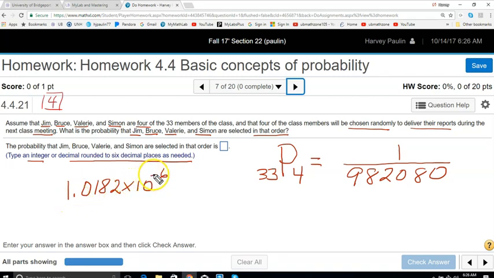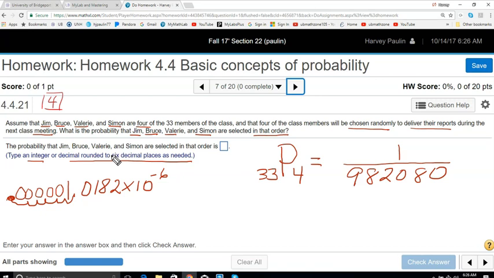So we have 1. We have to have 5 zeros that we're going to add. 1, 2, 3, 4, 5. So when I move this, 1, 2, 3, 4, 5, 6, it becomes this. Now, another way of doing this to help with your calculator is just take this scientific notation and add 1 to it.